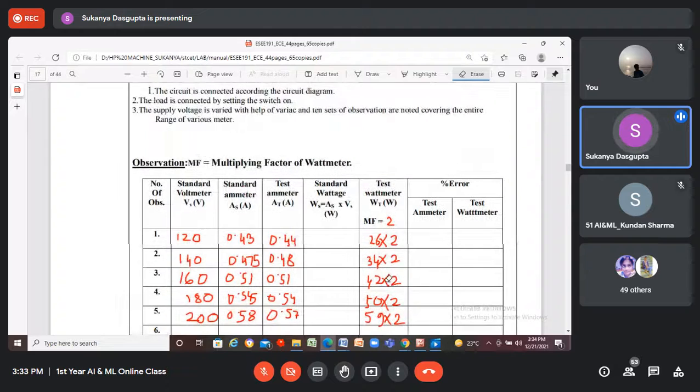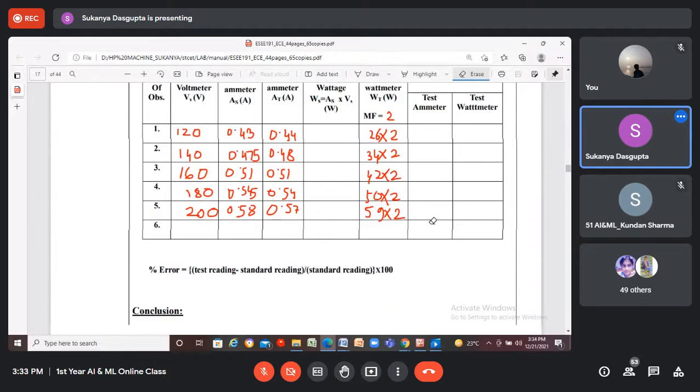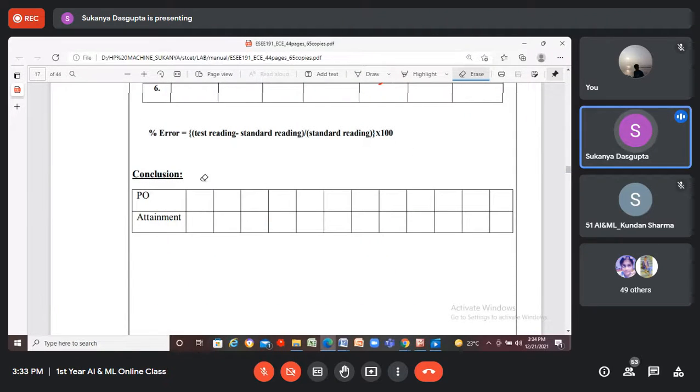And below this observation table, you will show one sample calculation for any one reading, one for test ammeter and one for test wattmeter, and below that you will write the conclusion.